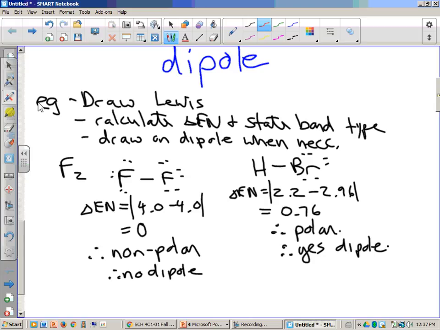The electronegativity is greater. The arrow goes towards the bromine. If I were to put my slightly negative, what atom does it sit closest to? Yep. The bromine, because that's where the electrons go, and electrons are negative, right? Slightly negative, slightly positive.